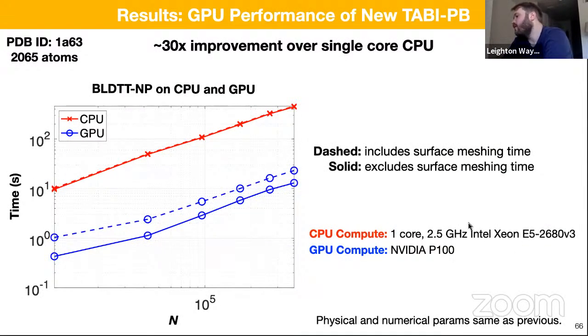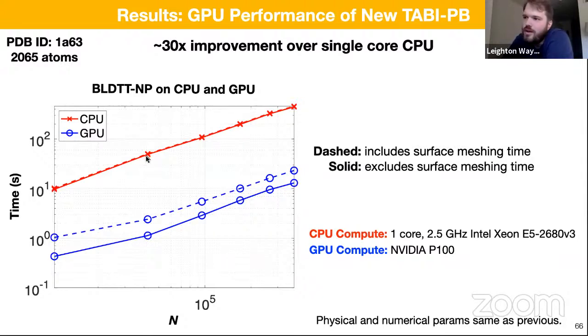It's Gold, so it's a good CPU, but it's just a single core. Comparing it to a GPU run on an NVIDIA P100, we get a 30x improvement over a single core CPU. People can quibble whether this is a fair comparison, and it really isn't, but it shows you that we can speed up significantly and take advantage of the GPU.